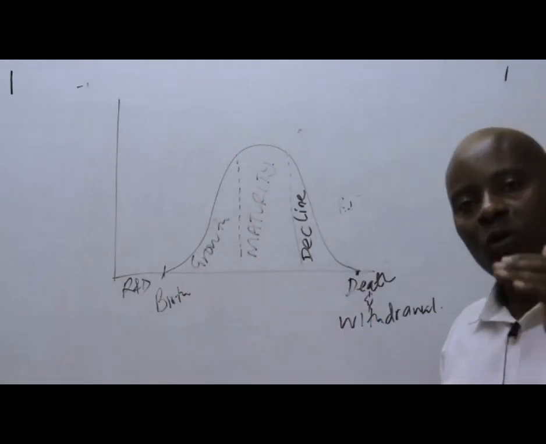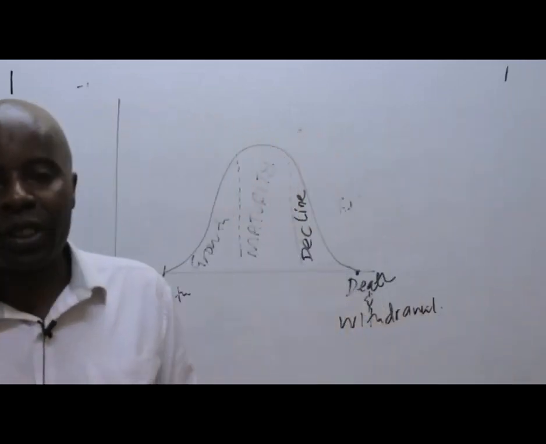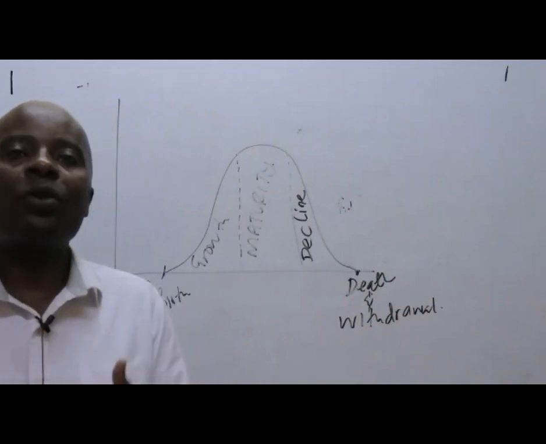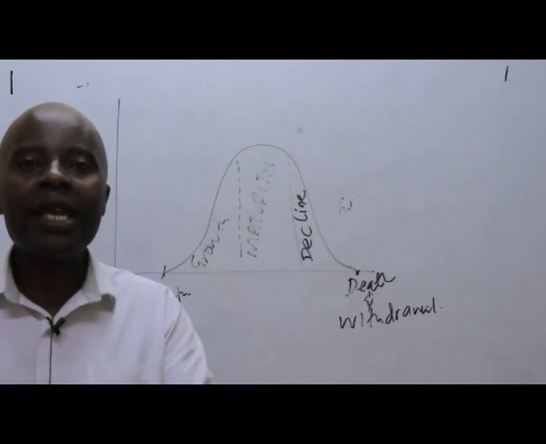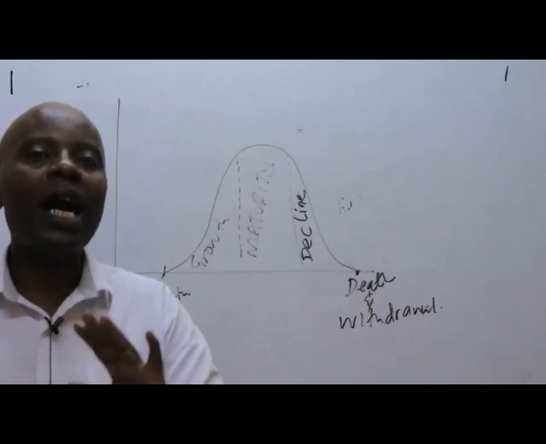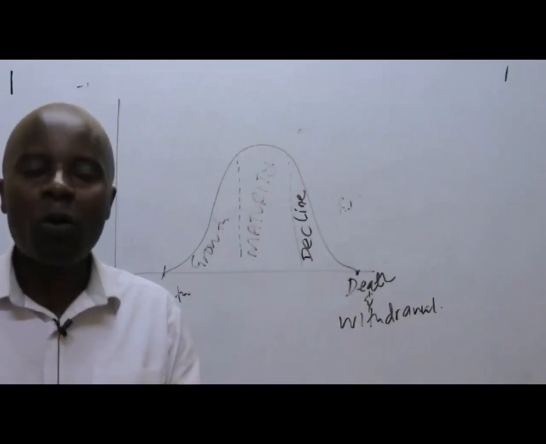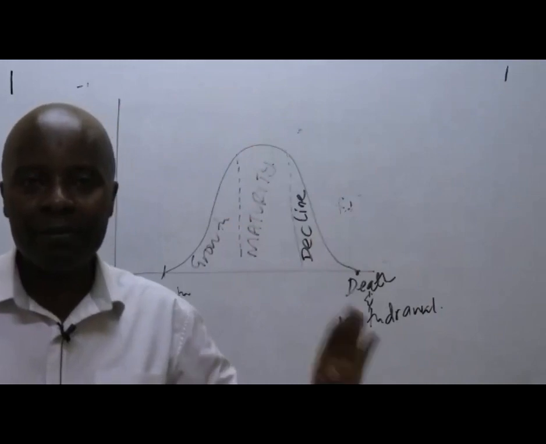So when we talk of life cycle costing, my brothers, my sisters, life cycle costing basically is a method of costing our products, which normally talks about us capturing the entire costs of a product through its lifetime.